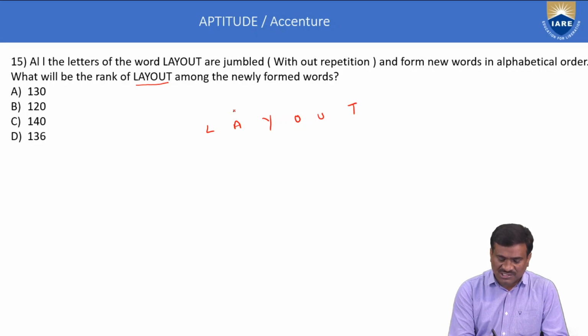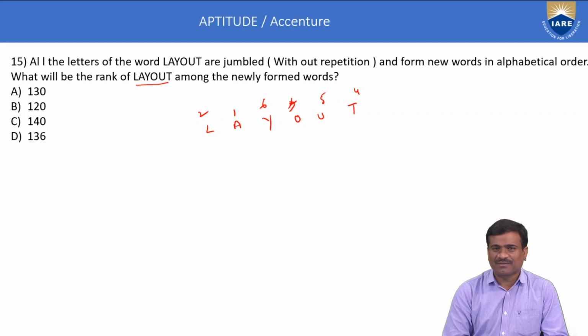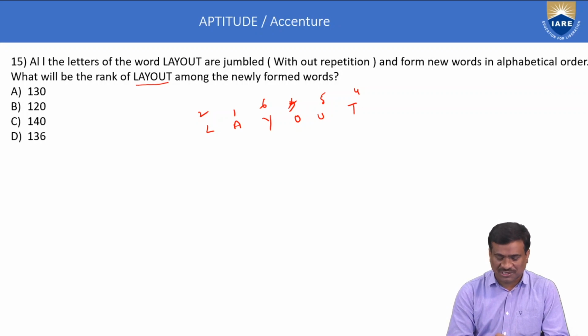Write the alphabetical order letter positions: A first position, L second position, O third position, T fourth position, U fifth position, Y sixth position.